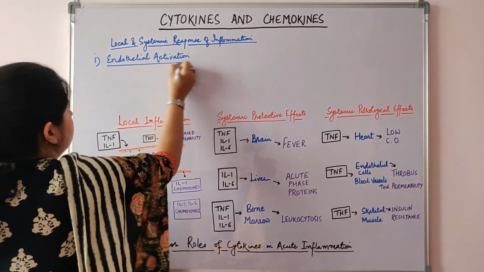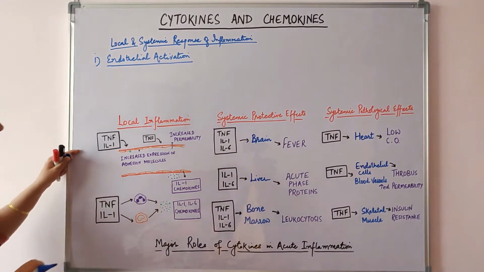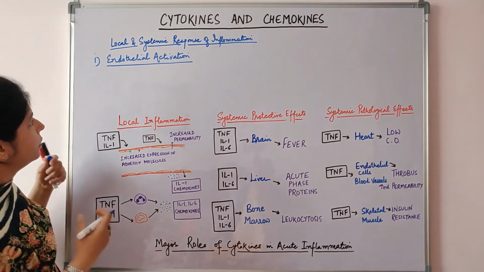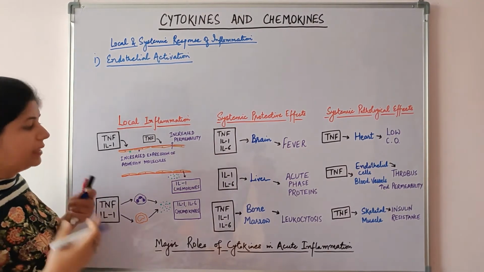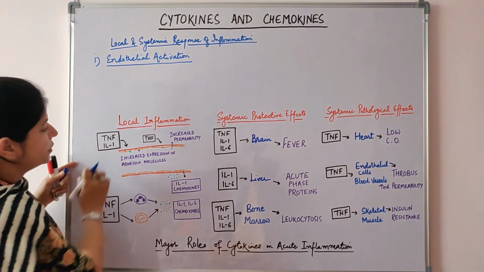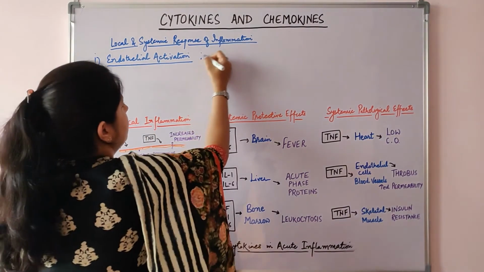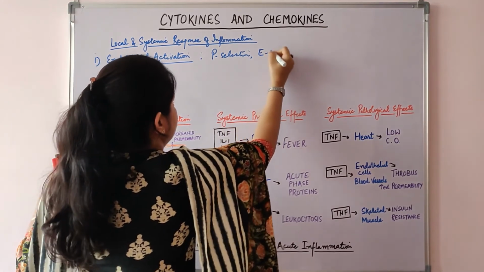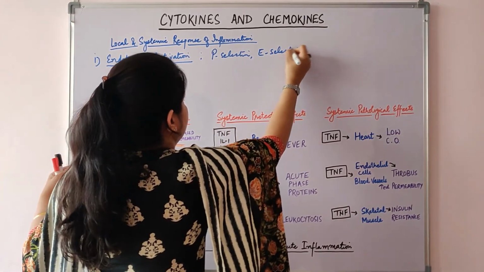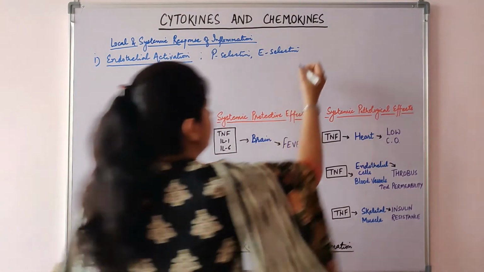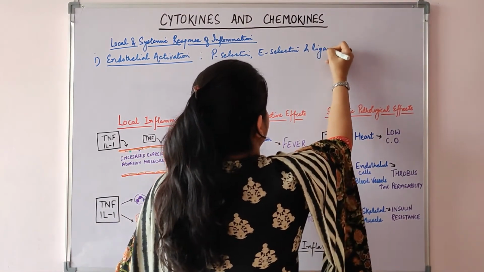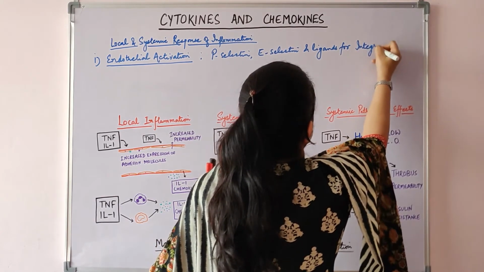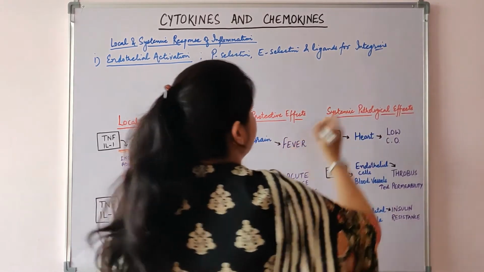So both TNF and interleukin 1 act on the endothelial cells and they bring about some changes which is called as endothelial activation. There is increased expression of adhesion molecules, P-selectin, E-selectin, and ligands for integrins. Integrins are present on the leukocytes.